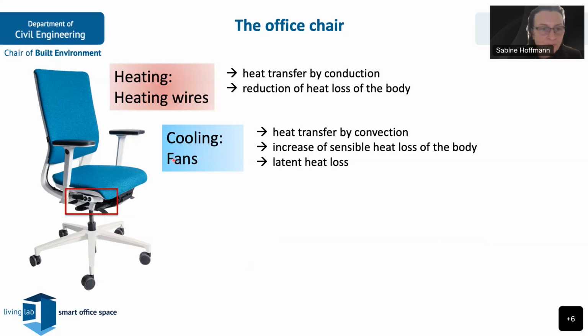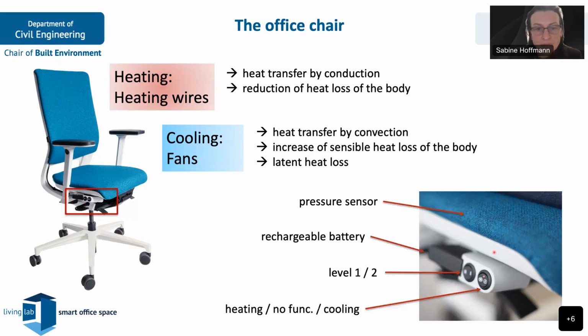So how does it work? You can see here this box and several buttons. So here we have, first of all, a rechargeable battery, which of course is required to provide electric power. Needs to be recharged something between every day to every other day, depending on how often you use it. You have two buttons where you can choose heating and cooling function and even different levels of intensity.